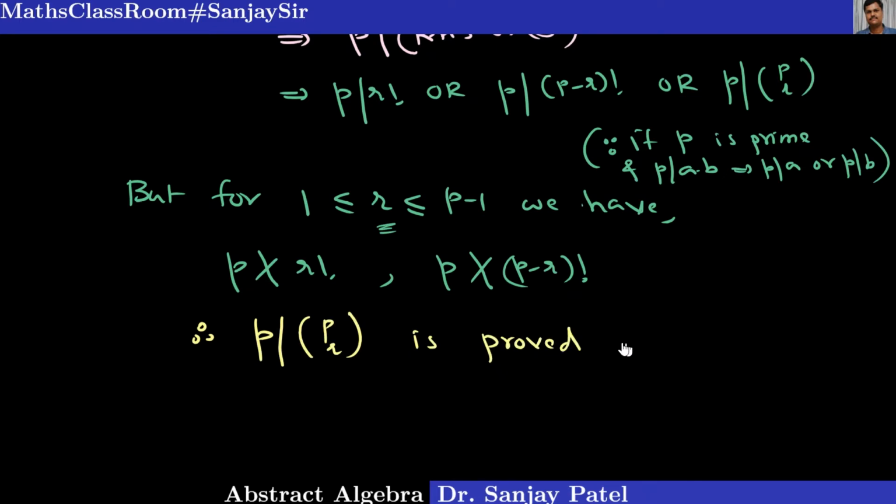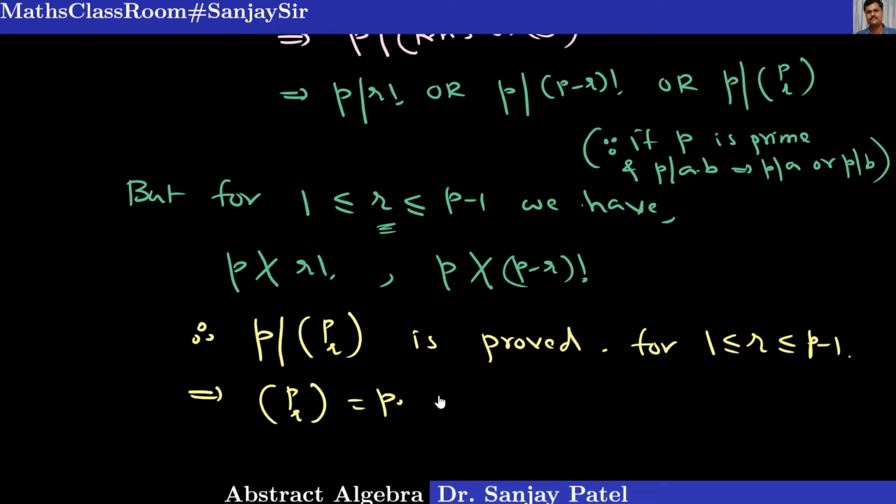This is proved for 1 less than or equal to r less than or equal to p minus 1. If p divides pCr, that means pCr is equal to p into something.